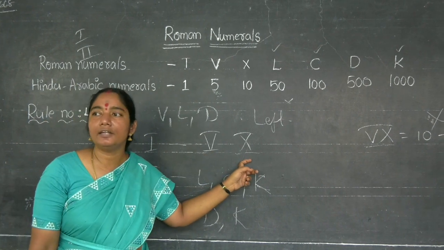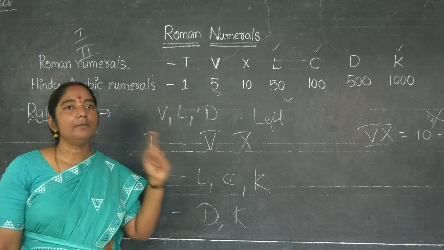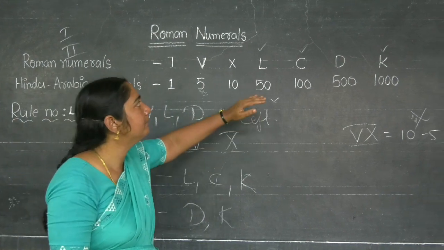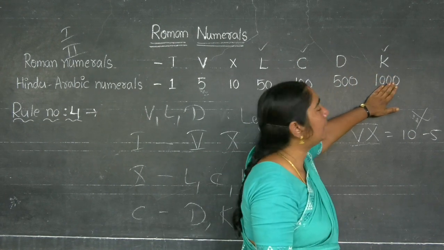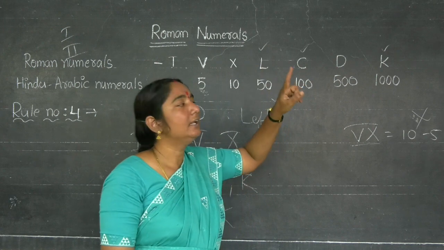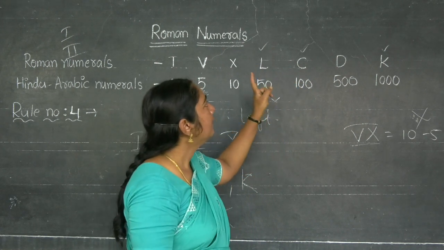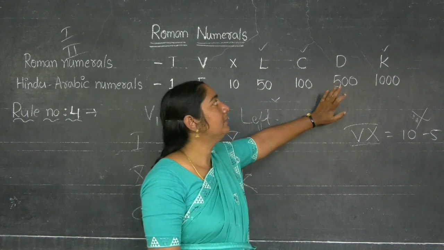Similarly, Roman numeral X can be subtracted only from L, C and M. It cannot be subtracted from D.